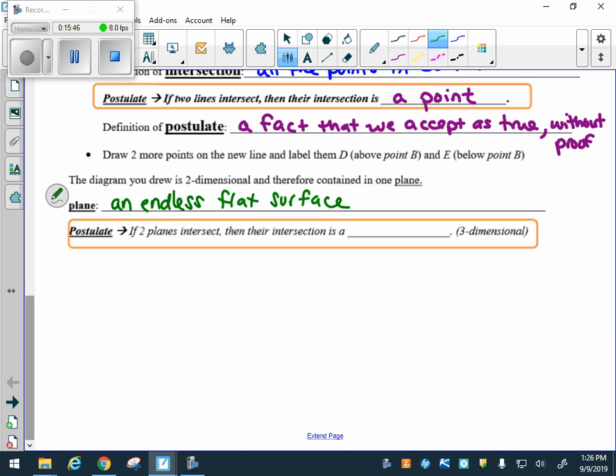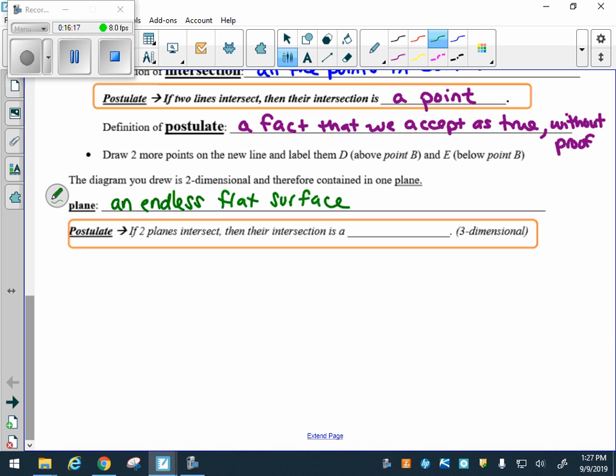Okay, if two planes intersect, so imagine this front wall is part of a plane, right? It extends forever in all directions, but we see just part of it. And then there's another wall that's another plane, and they come together in the corner there. So if you can imagine these things going on forever and coming together, what would their intersection be? Okay, so good answer. A vertex is going to refer to just one point, like two rays that come together at a vertex.